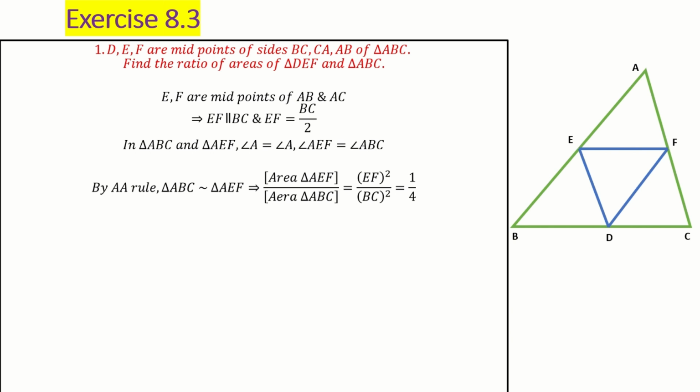You can take any corresponding side, I'm just taking EF by BC whole square. Now we know that EF is half of BC. Why? Because this is joining midpoints. E and F are midpoints of the sides, so this will be half of BC. So it is 1 by 4.